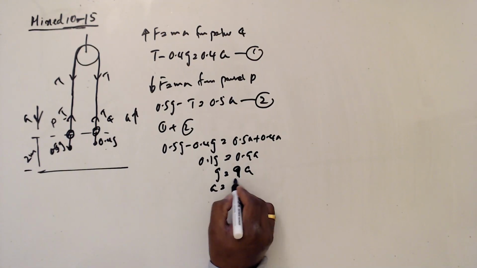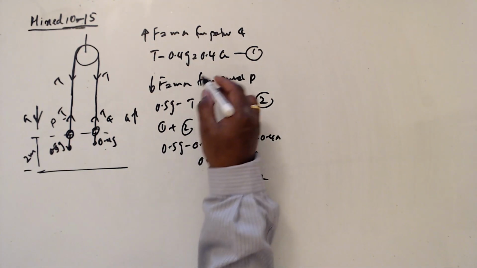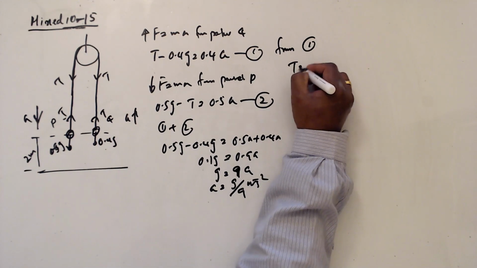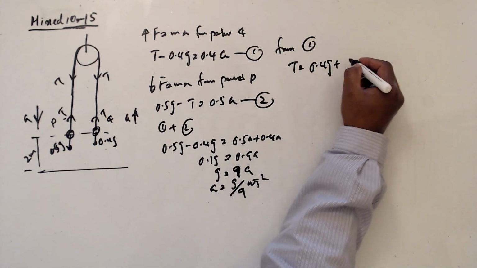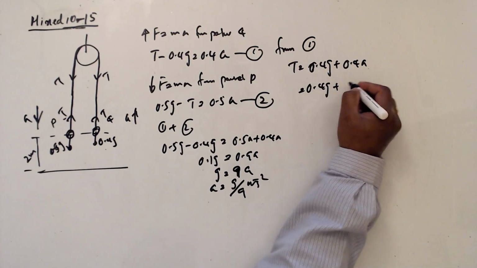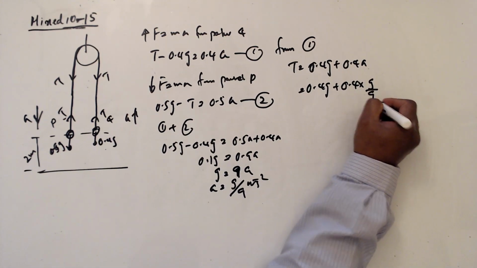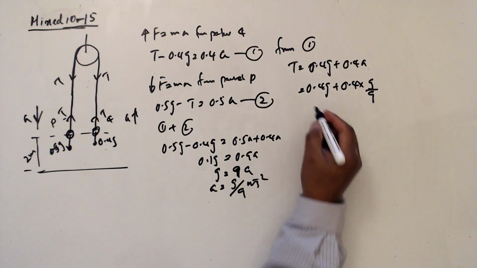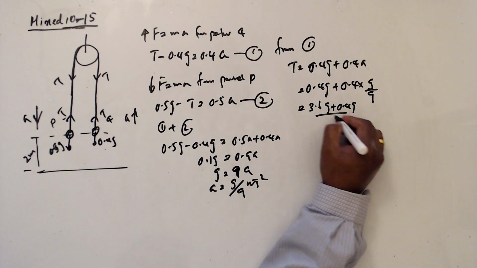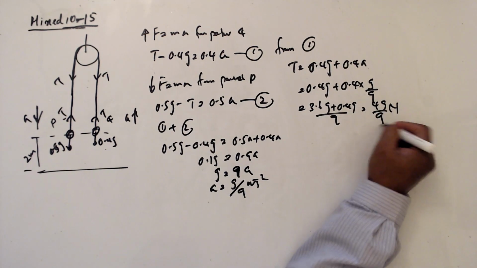So it means g equals 9A. So A equals g divided by 9 m/s². And now from equation 1, T equals 0.4g plus 0.4A. So 0.4g plus 0.4 times g over 9 is going to be 3.6g plus 0.4g over 9, that is 4g over 9 Newton tension.